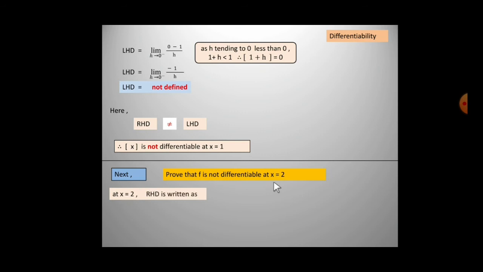So at x equal to 2, the right hand derivative is written in this formula, the right hand derivative formula, where c is the point. Take it as 2 now, because the point is not 1 now, the point is 2. Therefore c is changed to 2.